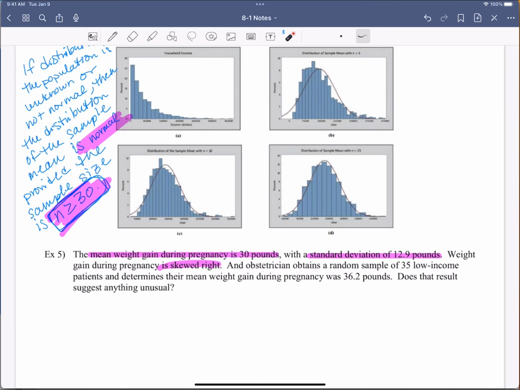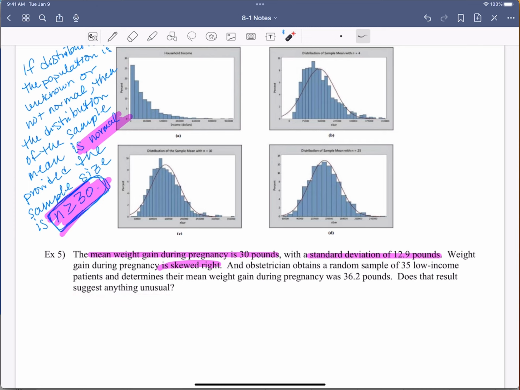That's what's happening here, okay? The obstetrician obtains this random sample and determines their mean weight gain during the pregnancy was 36.2 pounds. Does that result suggest anything unusual?